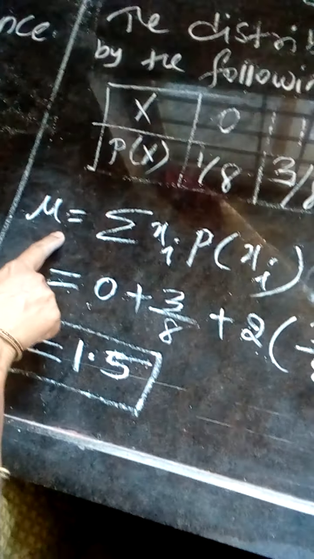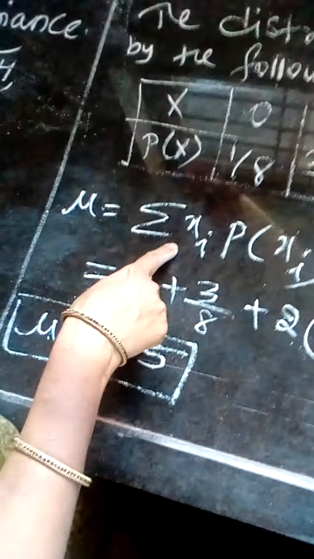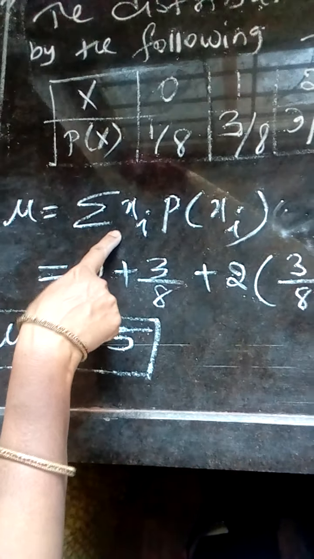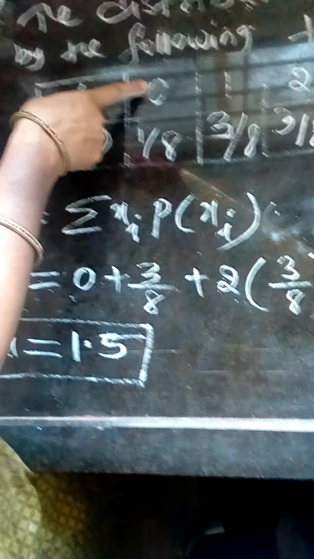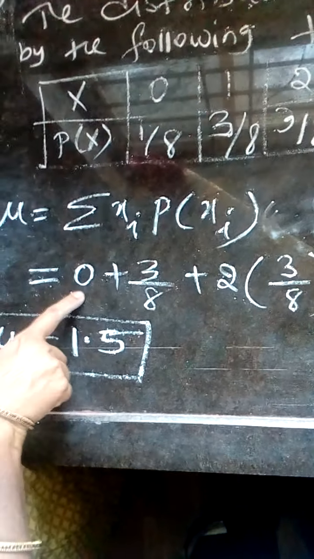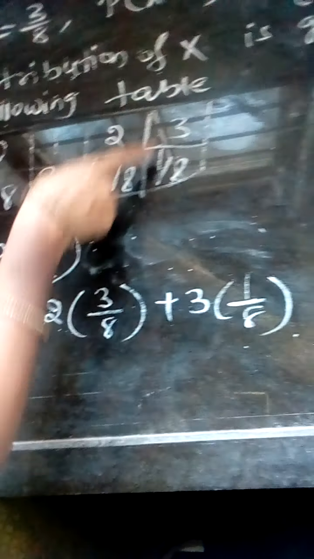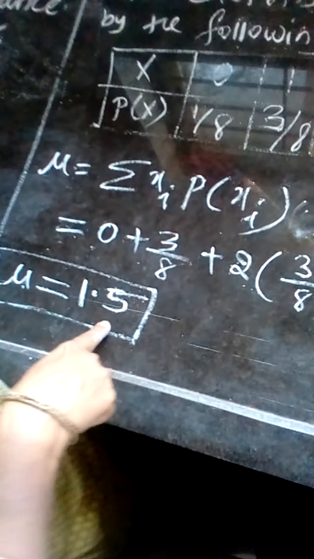Mean mu is given by the formula summation of xi into p of xi. So 0 into 1 by 8 is 0, plus 1 into 3 by 8, which is 3 by 8, plus 2 into 3 by 8, plus 3 into 1 by 8. So mu equals 1.5.